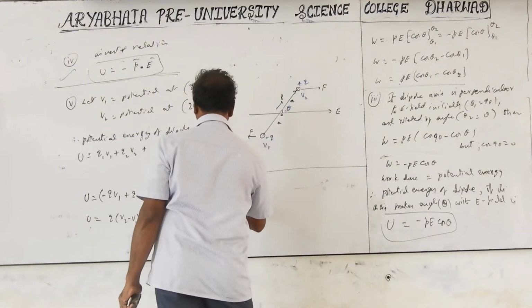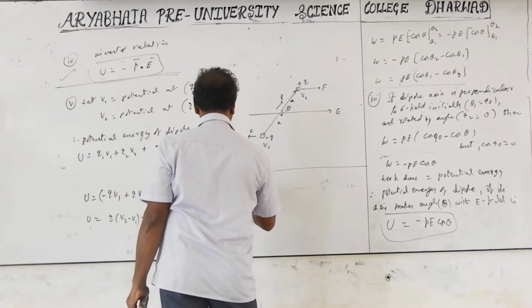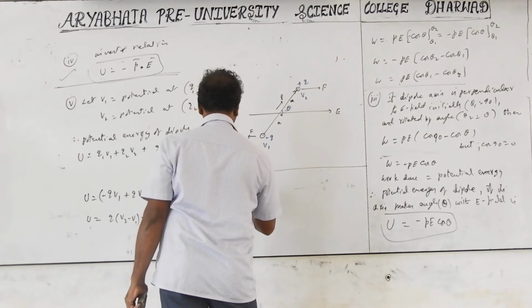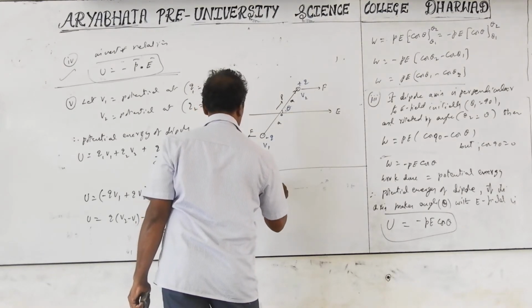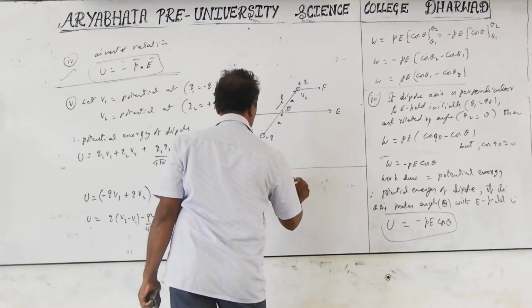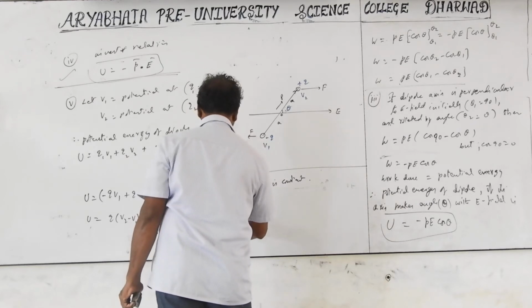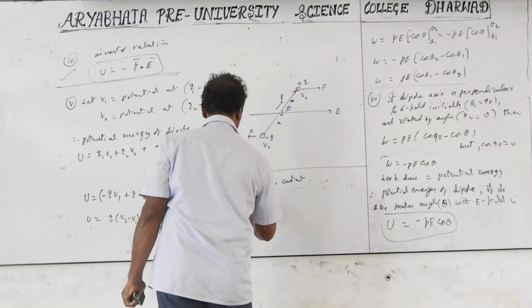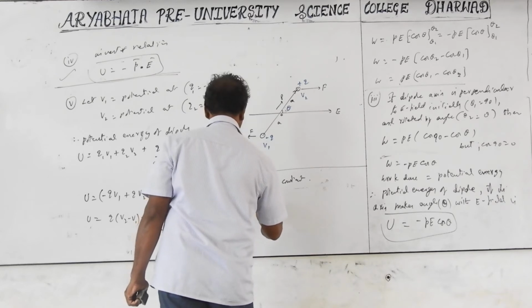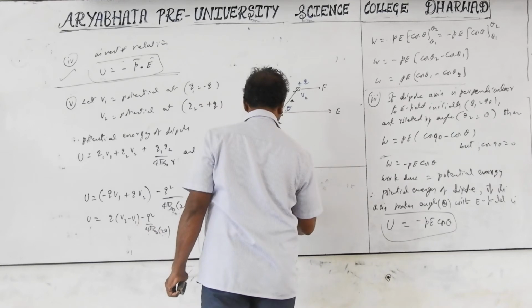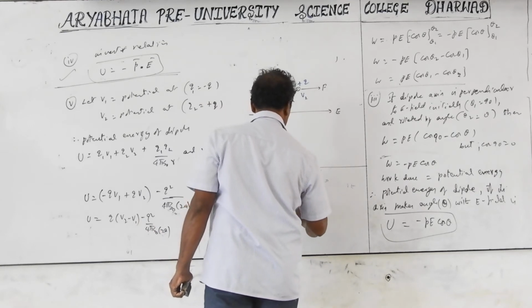But minus Q square by 4 pi epsilon naught 2a is constant. Therefore, as the dipole rotates, theta, V1 and V2 change.